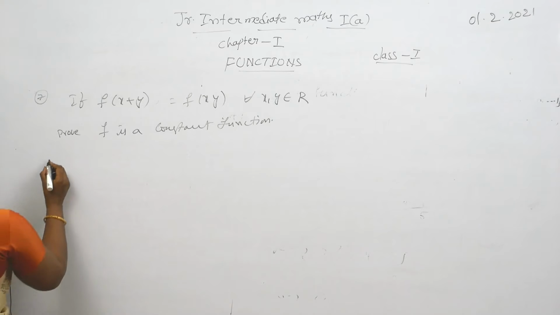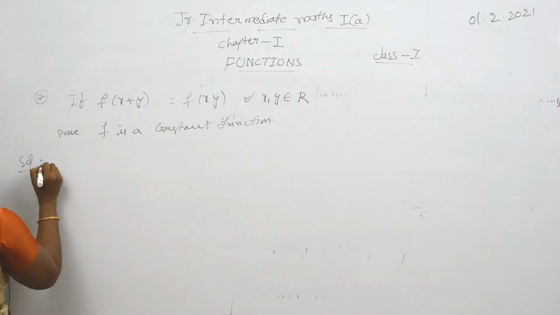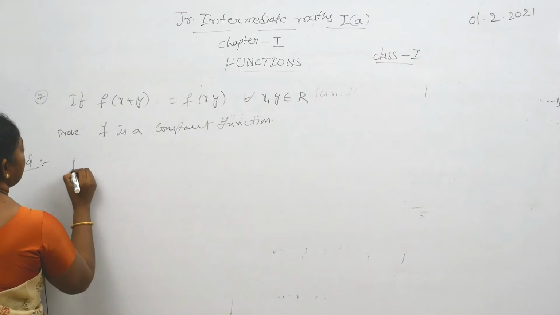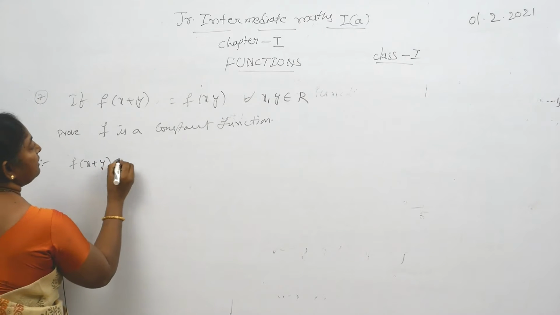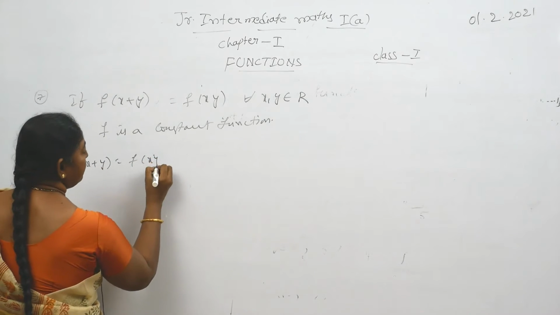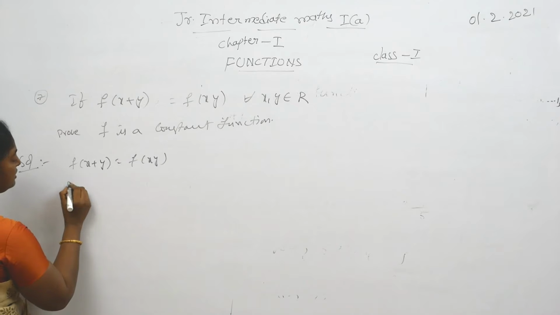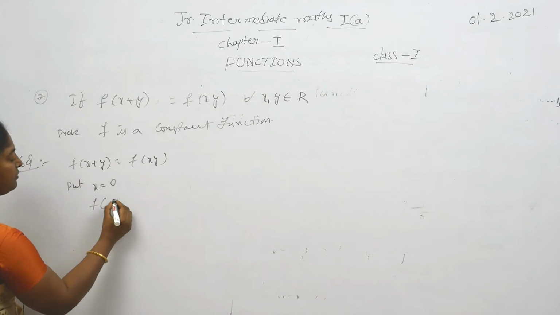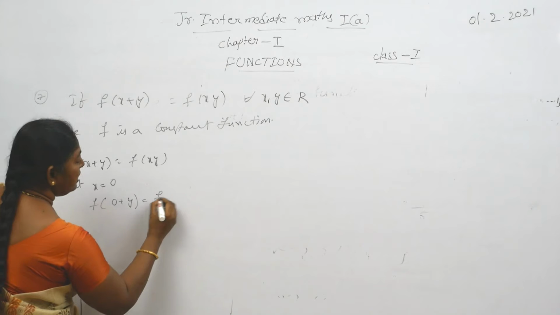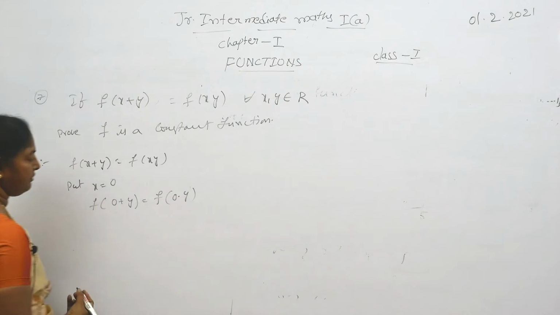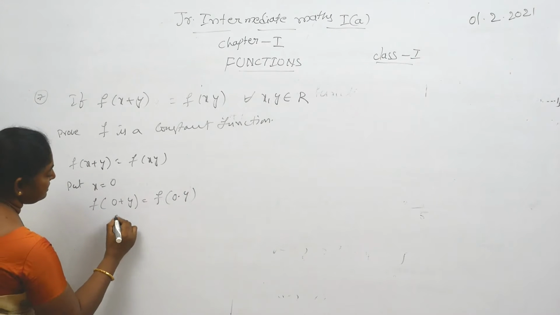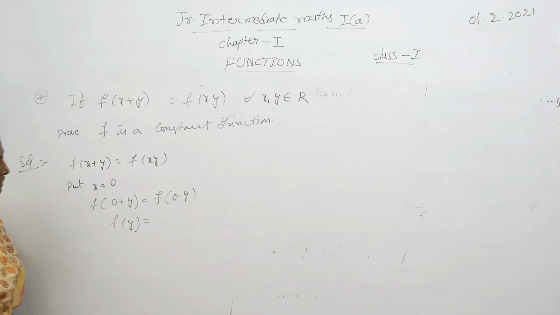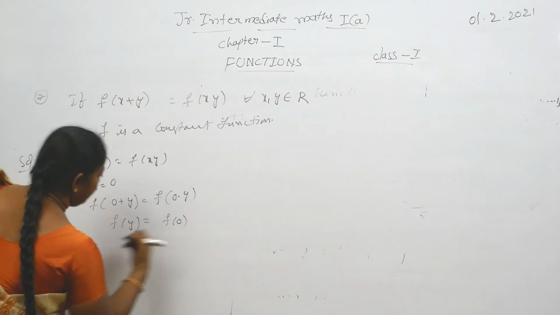So here, solution. f of x plus y equal to f of xy is given. Suppose we put x equal to 0. So f of 0 plus y equals f of 0 into y, so f of y equal to f of 0.